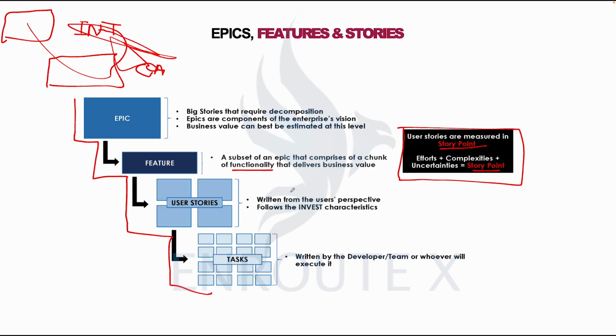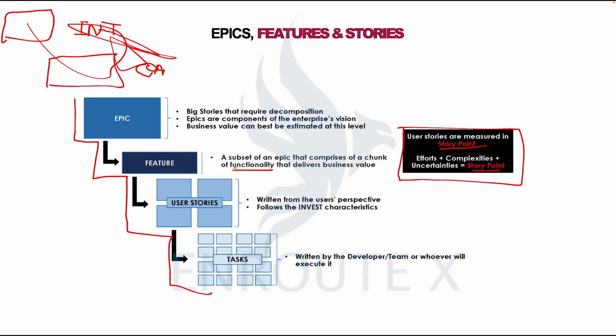Similar user stories that would deliver a feature. For instance, a login journey. A login journey, a customer wants to log in to a particular platform. There are different stories, and for that login journey, different stories will deliver that feature of logging in, right?